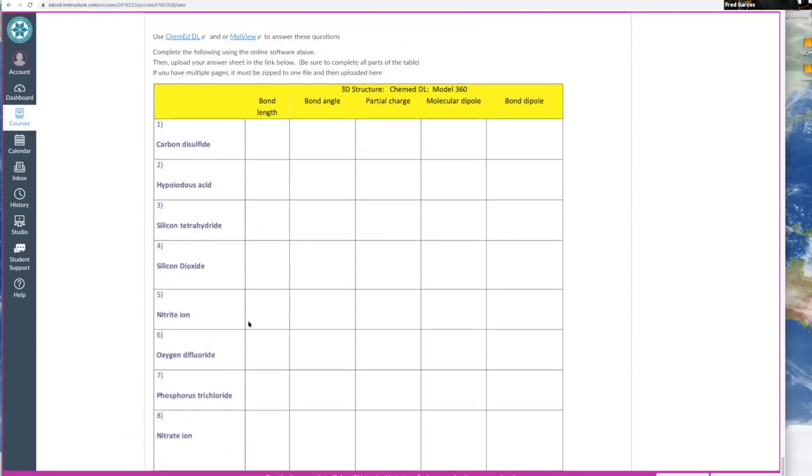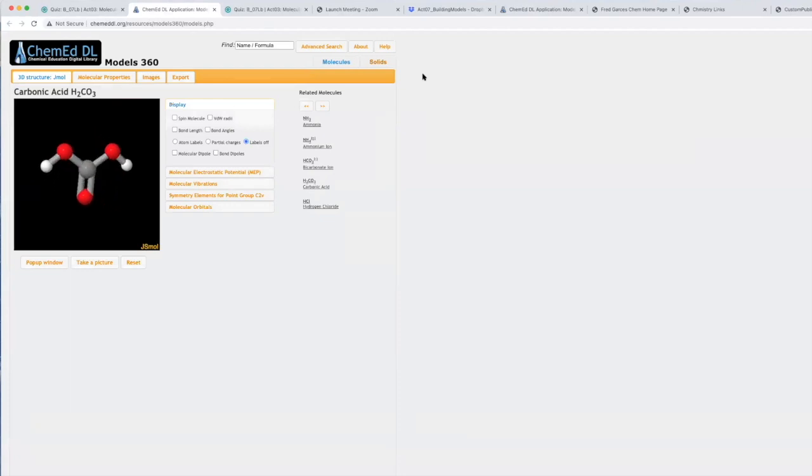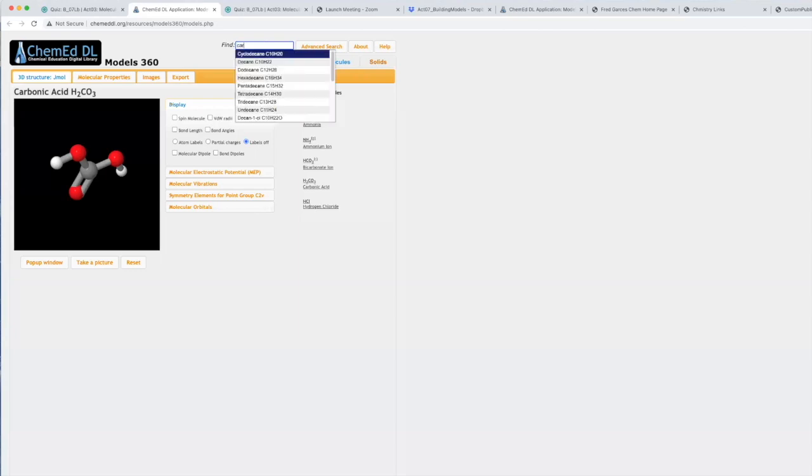So let's, like I said, let's do carbon disulfide, because I know that one of you wasn't here early on. So you just want to click on this link right here. And when you get to that link, you want to go to Chemdl. The other one's a lot more sophisticated. And then right here, you just want to type in carbon disulfide.